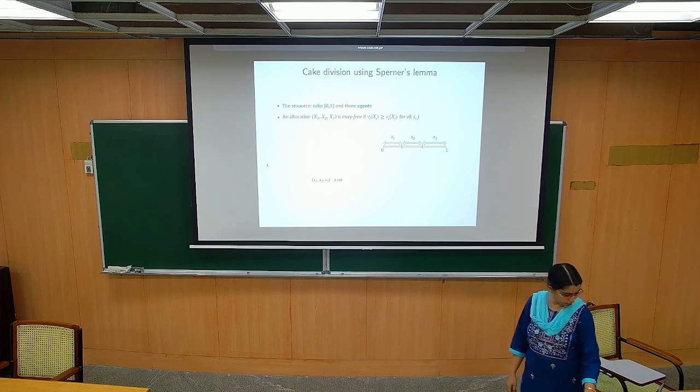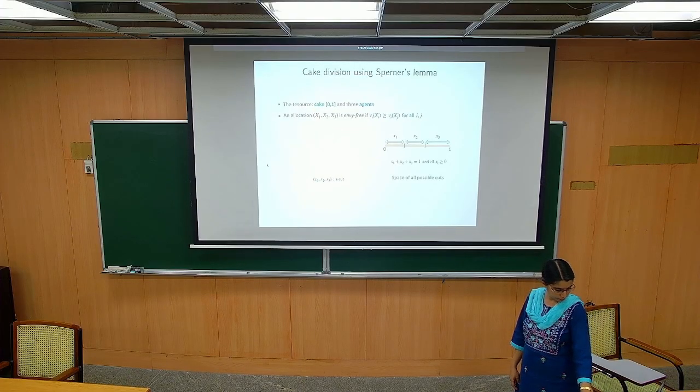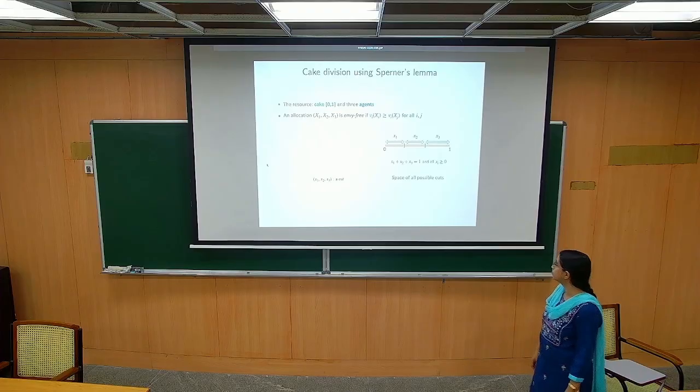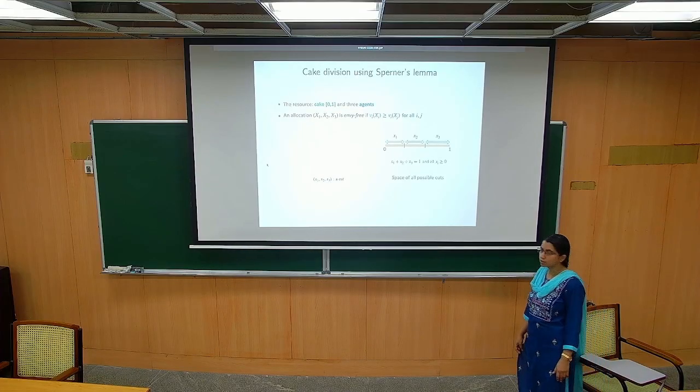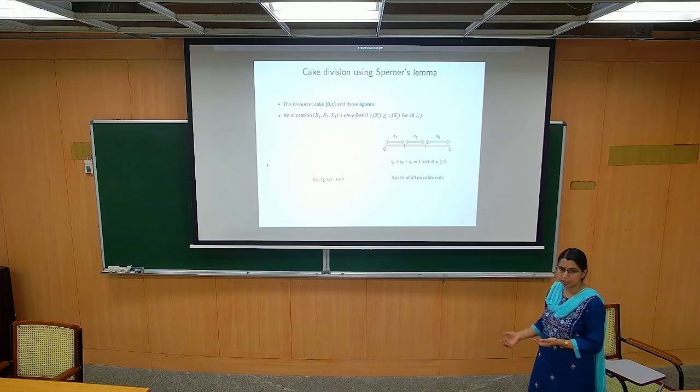What are the properties needed for x1, x2, x3 to form a cut? First of all, they should add up to 1, and every xi should be non-negative. So this is the space of all possible cuts that we have.